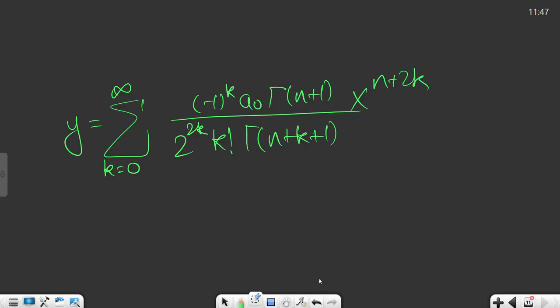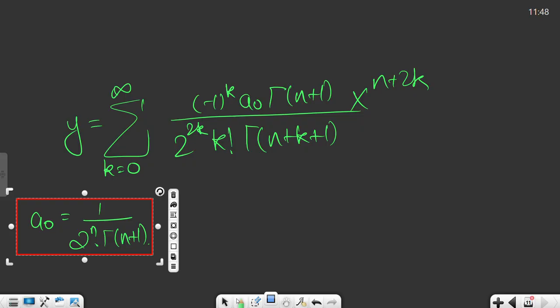So this is what we have, and now we are just going to replace our a naught with 1 over 2 to the n times gamma of n plus 1.